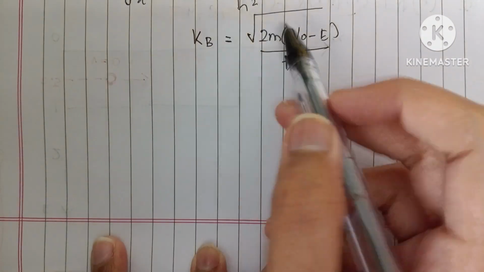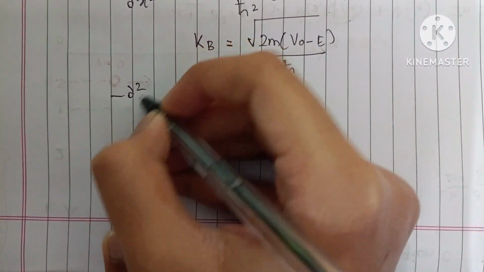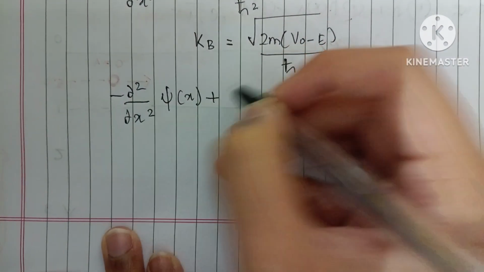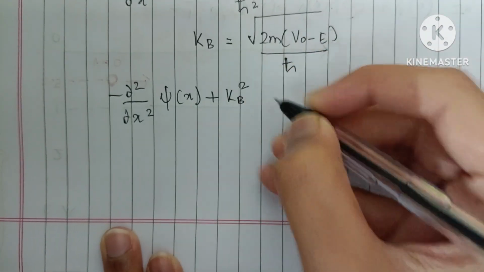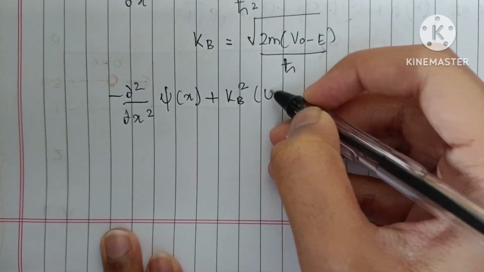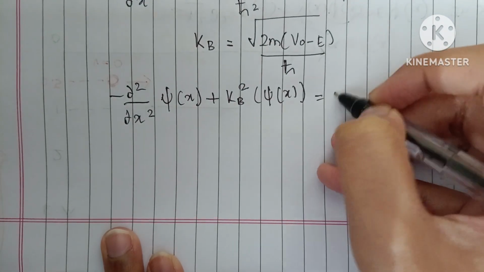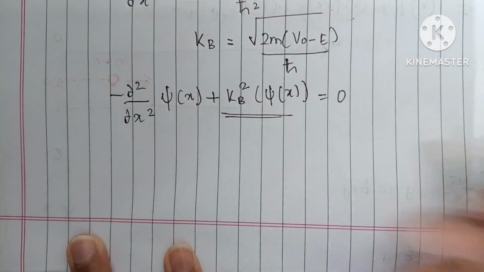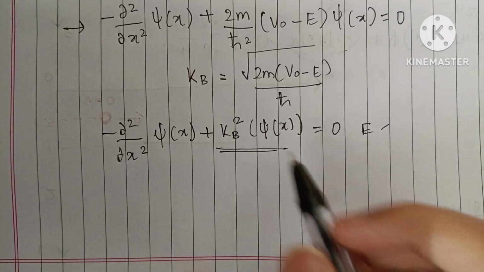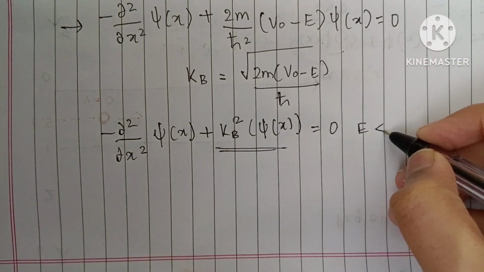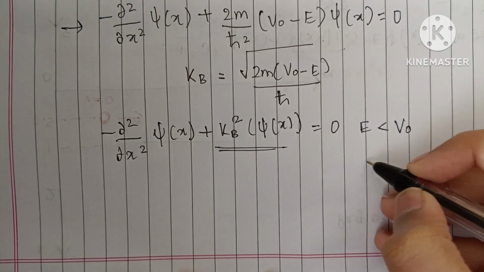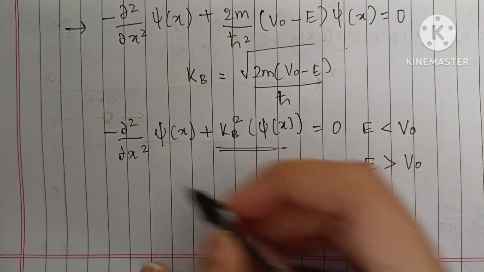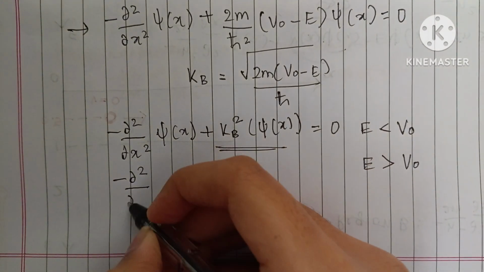So we can replace the above equation by this, with k_b square, is equal to 0. Now we have another second order differential equation. Now this equation is for when E is less than V0. When E is greater than V0, we can write another equation which will be like this.